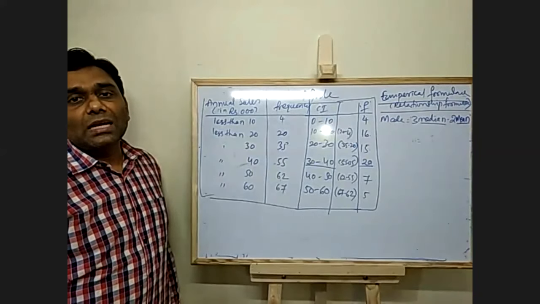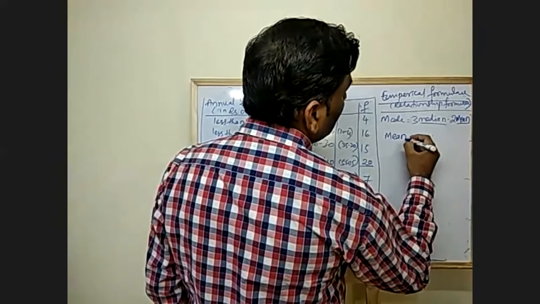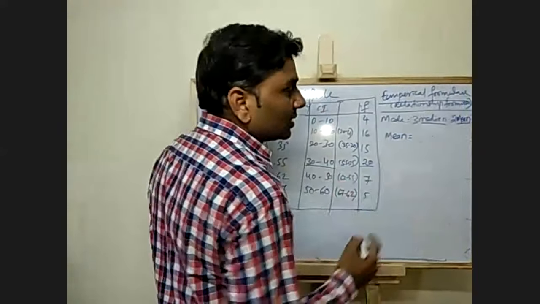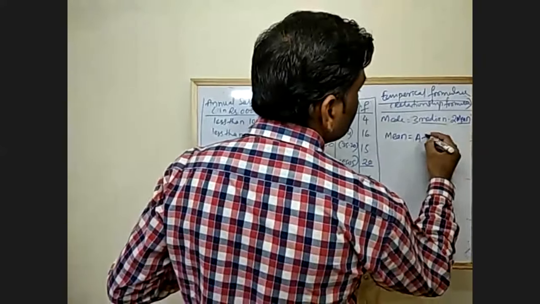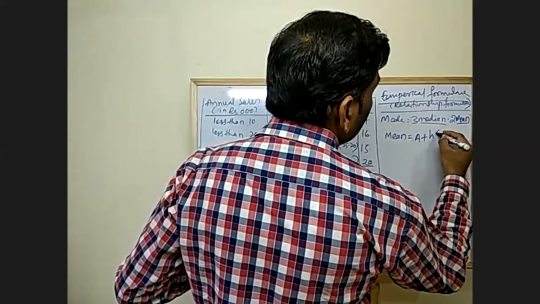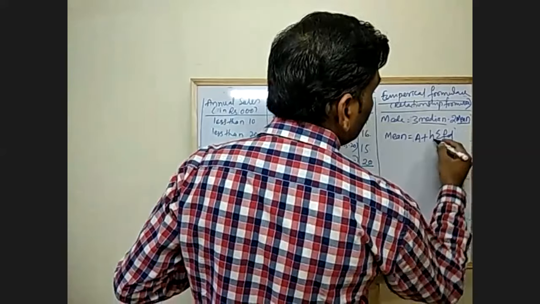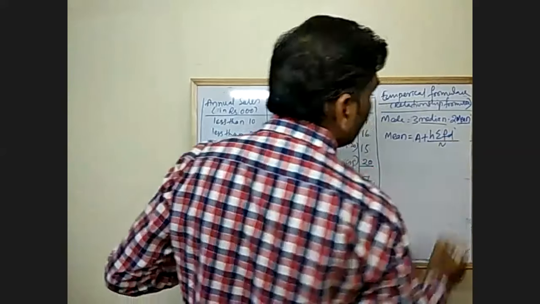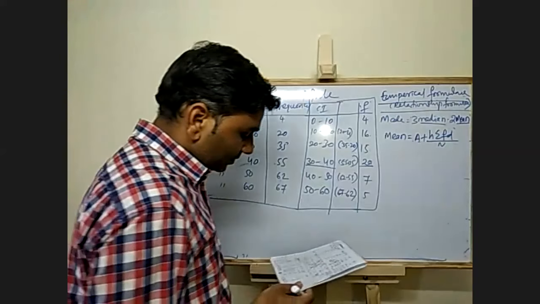So to calculate mean, what is the formula? Mean is equal to A plus H into summation of F into D divided by N. This is your mean formula.